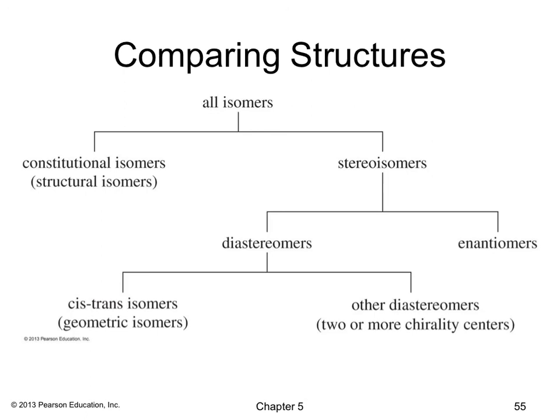So let's look at the categories of the structures that we've been talking about. Under all isomers, you can have constitutional isomers or structural isomers, where the connectivities are different. And then there are stereoisomers.